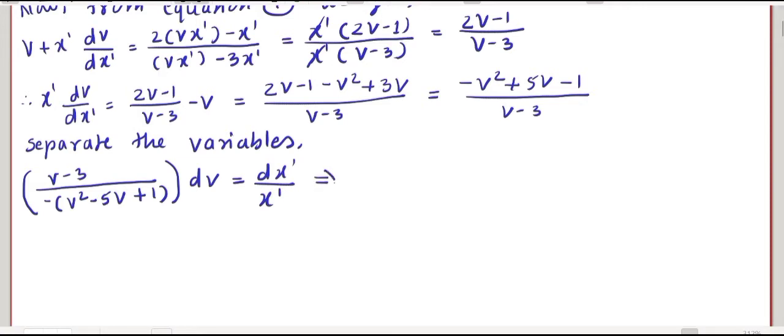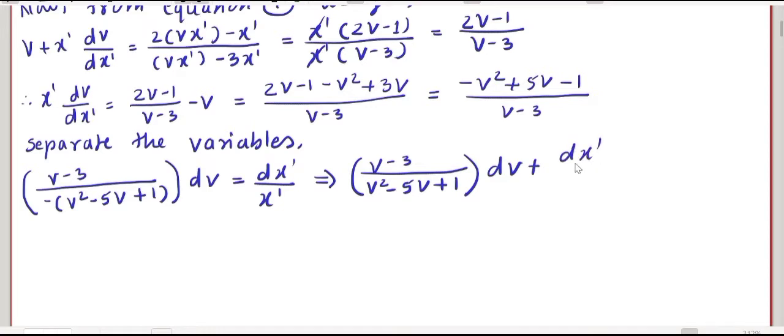Now it implies, taking this term to the right hand side, we get (v minus 3) divided by (v square minus 5v plus 1) dv plus dx' by x' is equal to 0.